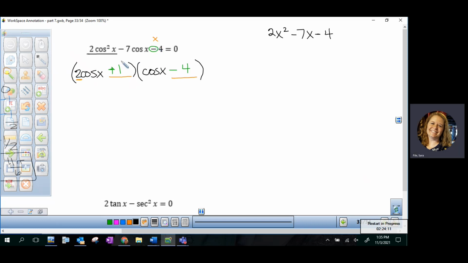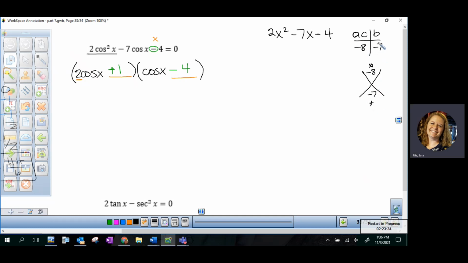Now I'm going to come back over here. If guess and check is not your thing, grouping, box method, slide divide, any of those will work for factoring this. So if I did my ACB table, however you organize it, whether you do the X like this, A times C is negative 8. Or you can organize it like this. B is negative 7.